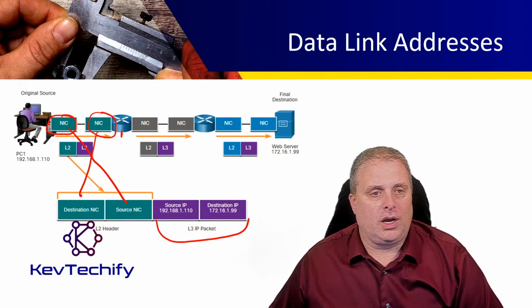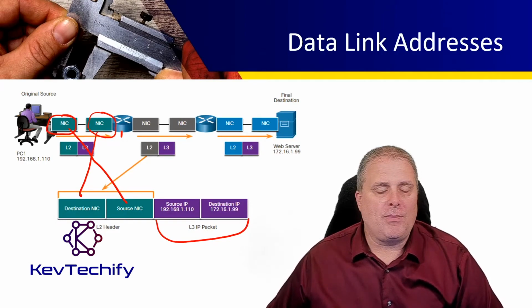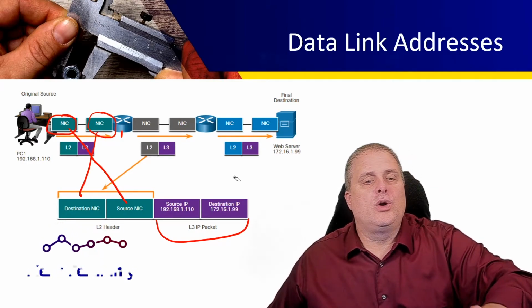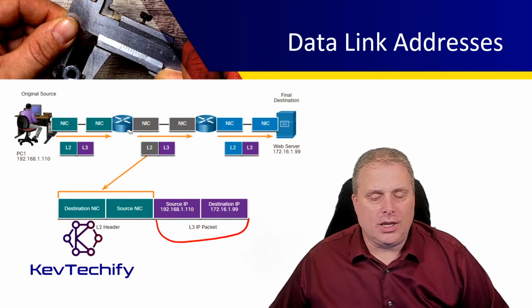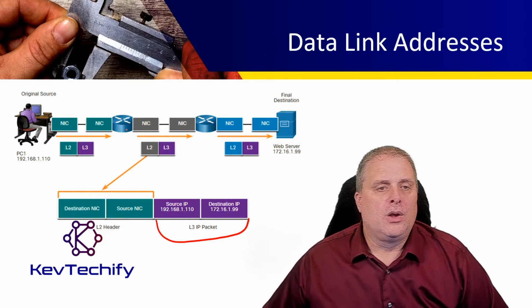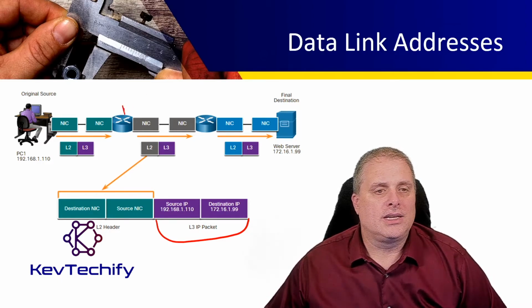Once we're in the router here, what's going to happen is we're going to redo this. So we're going to erase this and look at it. Once again, right now we are at this router.